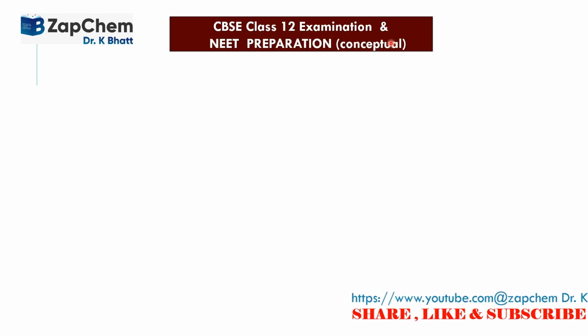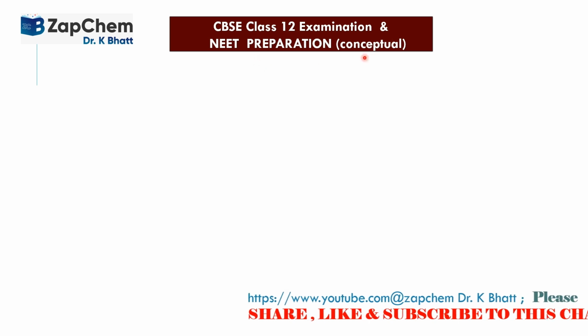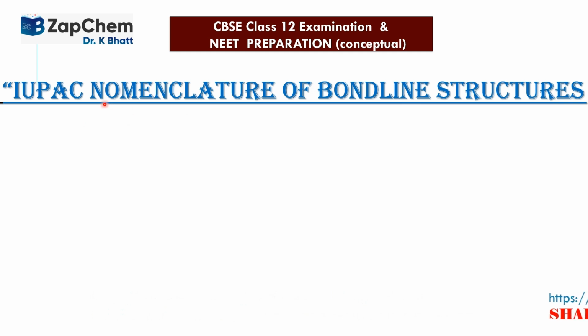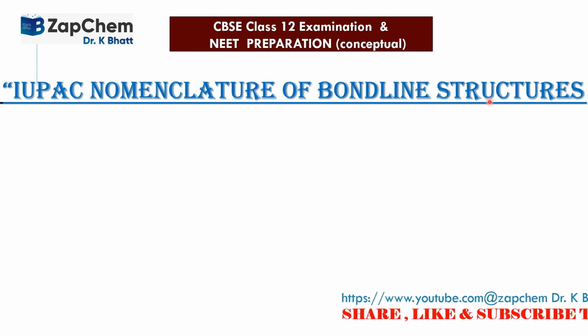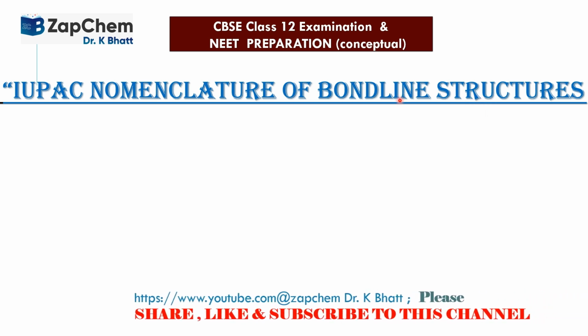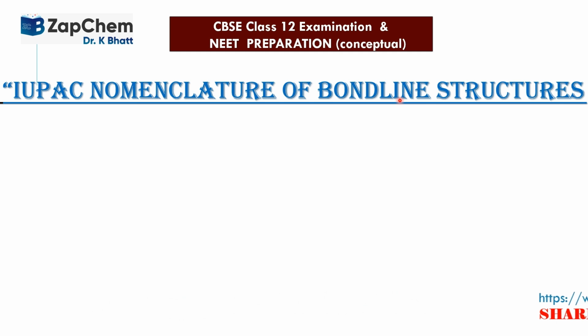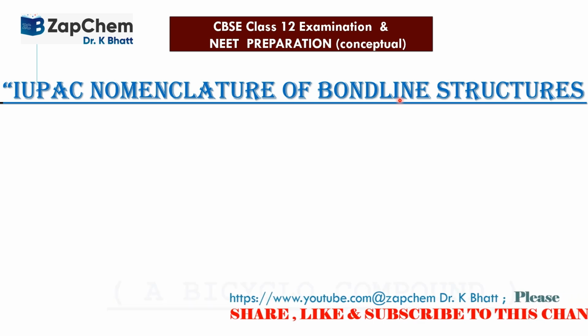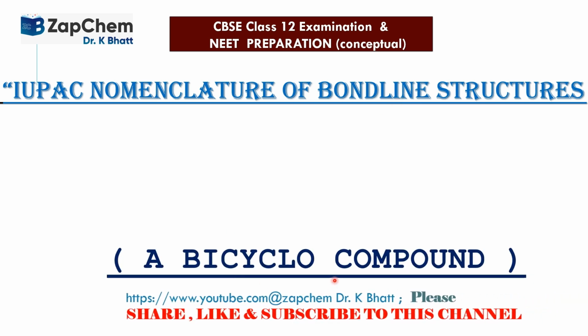CBSE Class 12 examination and NEET preparation, there is a topic that is IUPAC nomenclature of bond line structures. We know what is meant by bond line structure and how they are expressed and written. Anyway, now the structure which is given here today is that of a bicyclo compound.